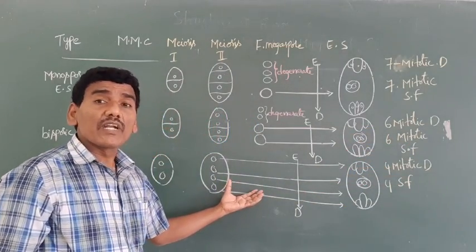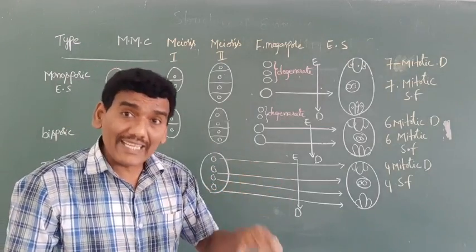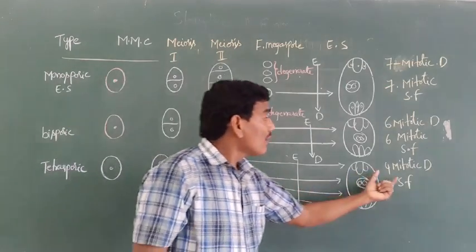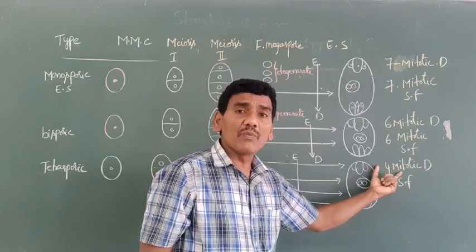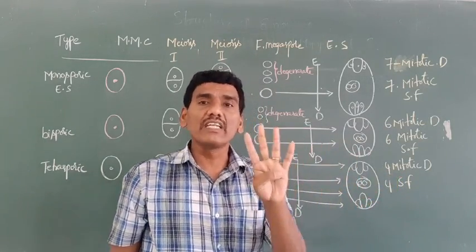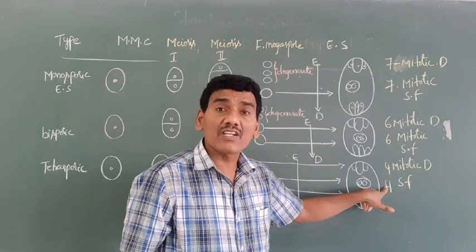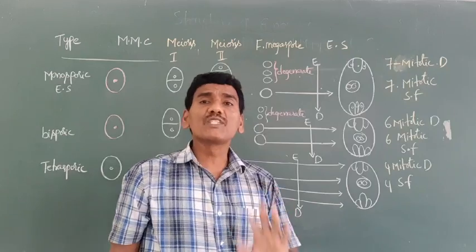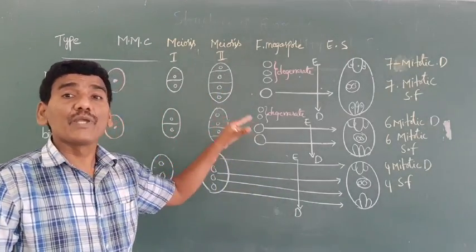The tetrasporic type of embryo sac is developed from 4 megaspore nucleus. How many mitotic divisions are involved for the formations of tetrasporic type of embryo sac? 4 mitotic divisions. How many spindle fibers are involved? 4 spindle fibers. These are the different types of embryo sac.